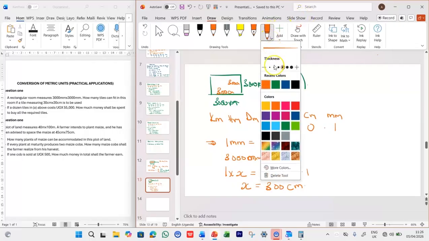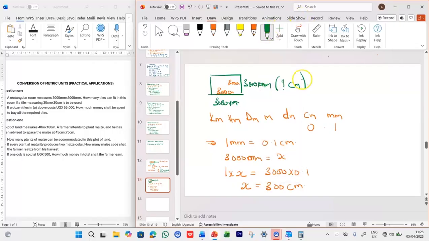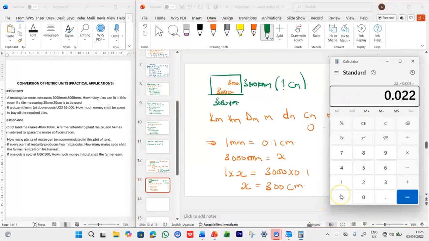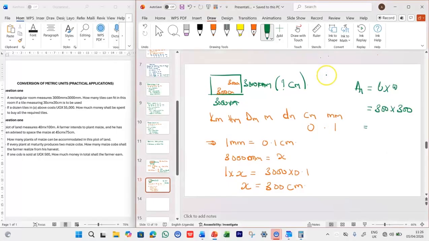If the room is measuring 300 centimeters by 300 centimeters, area 1 is equal to the length times the width, 300 by 300. Go to your calculator. 300 times 300 is 90,000 centimeters squared. This is the area of the room.